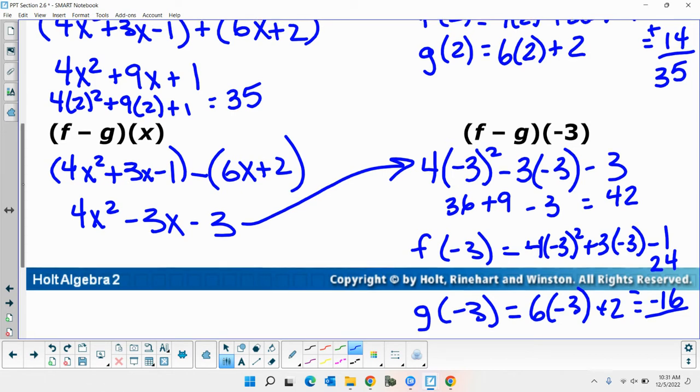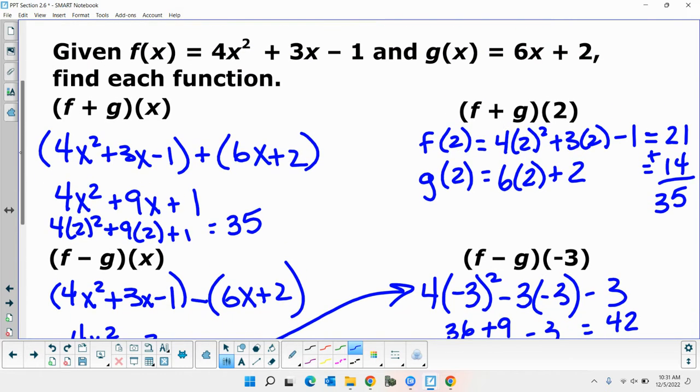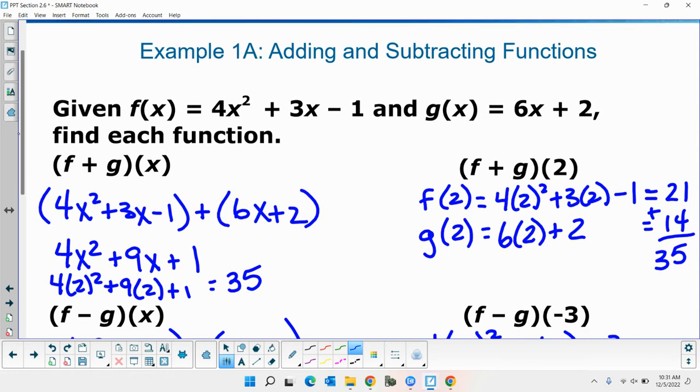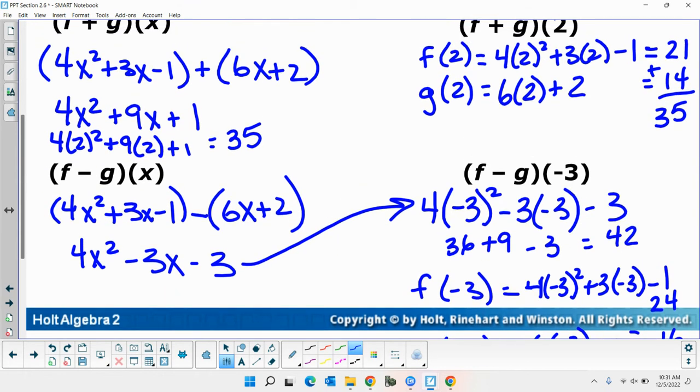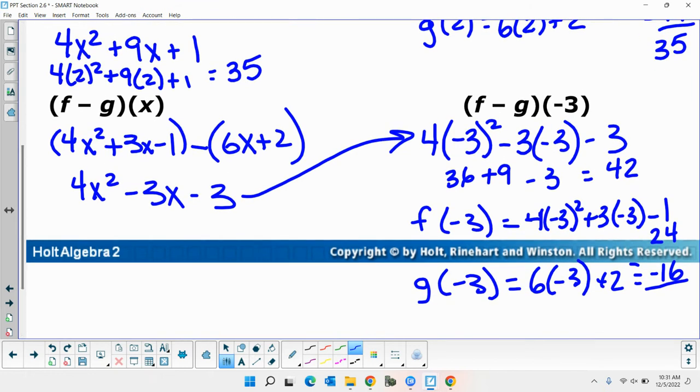All right, let's go back. I have a question. It's 4x squared plus 3x minus 1, right? It's 6x plus 2, right? Okay, Mr. Madden, go ahead. Your first problem, you used the original problem.